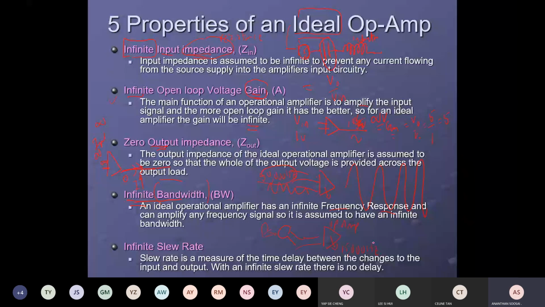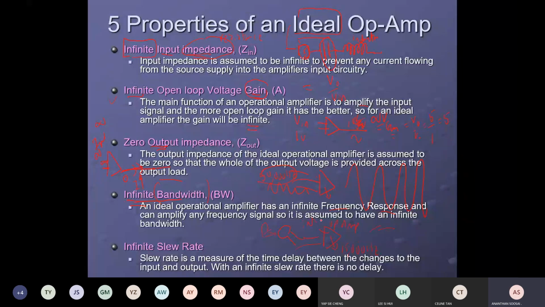Let's say the gain of this op-amp may be quite big, so when she sings a song, it is going to be very loud.